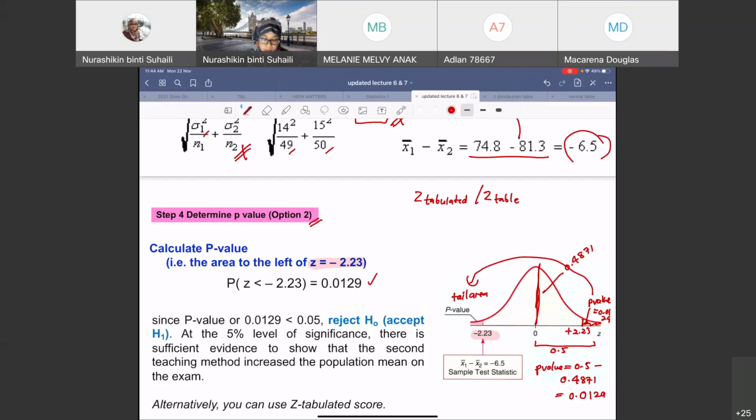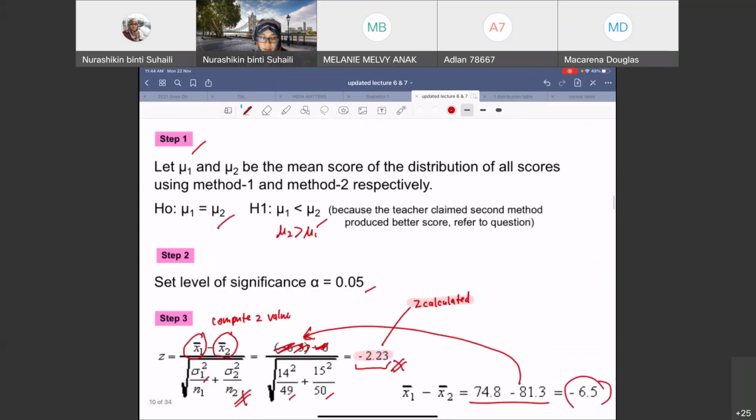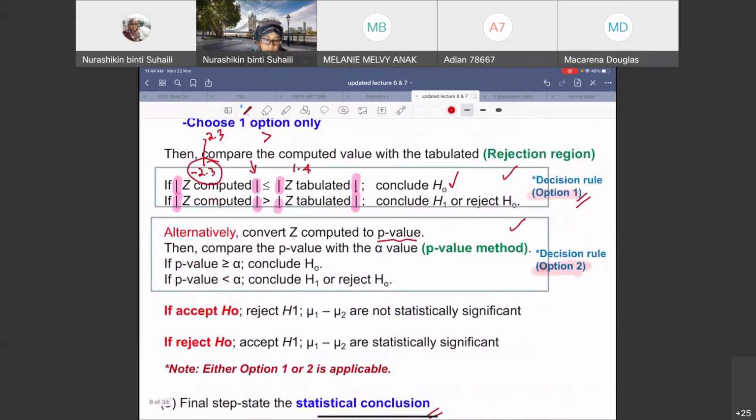Now the next step is to compare this p-value with the alpha value, which is 0.05. The p-value is less than the alpha value. If you refer to the decision rule, if it is less, then you conclude H1, the alternative.